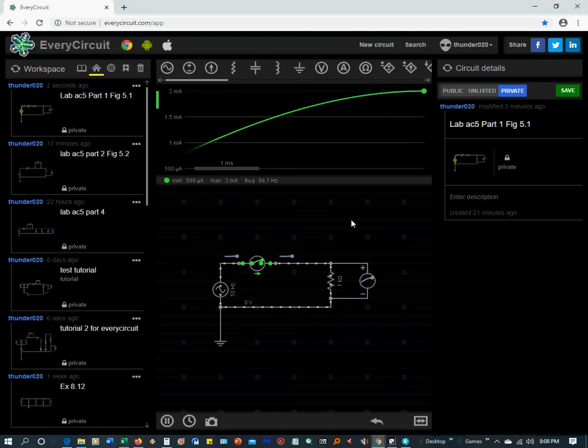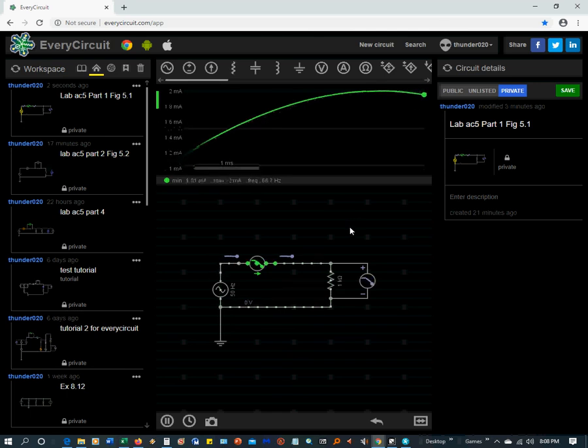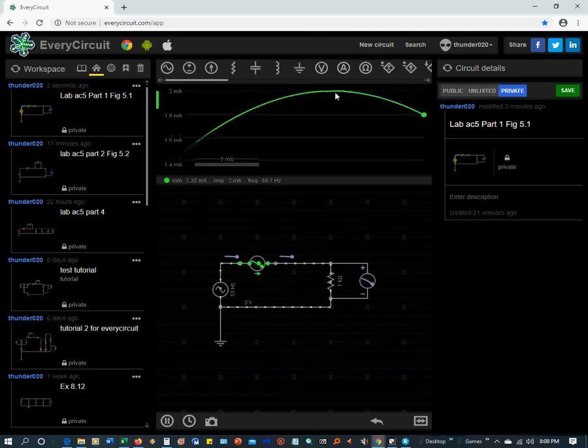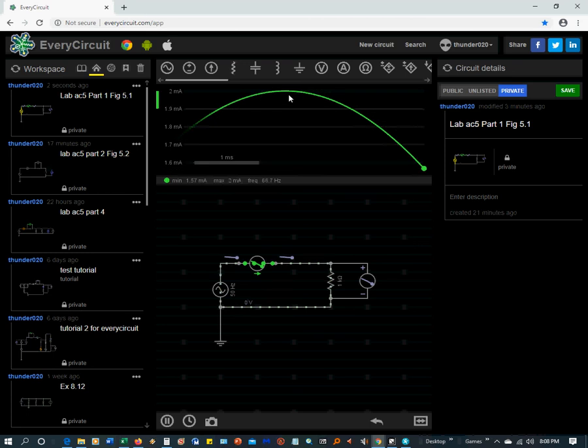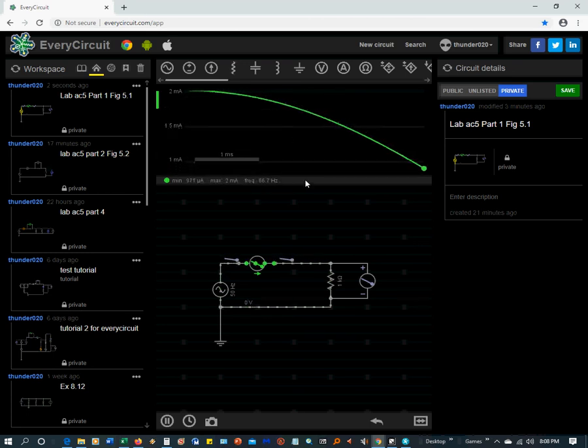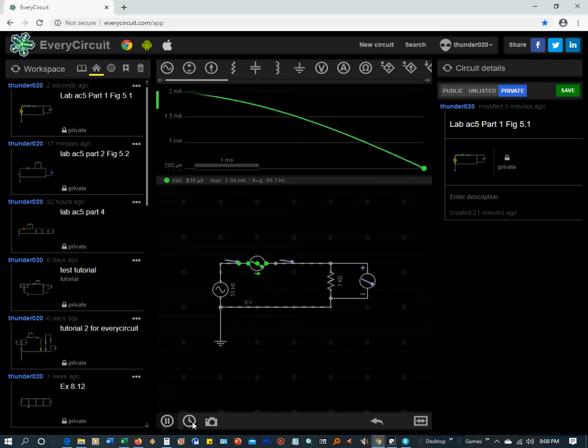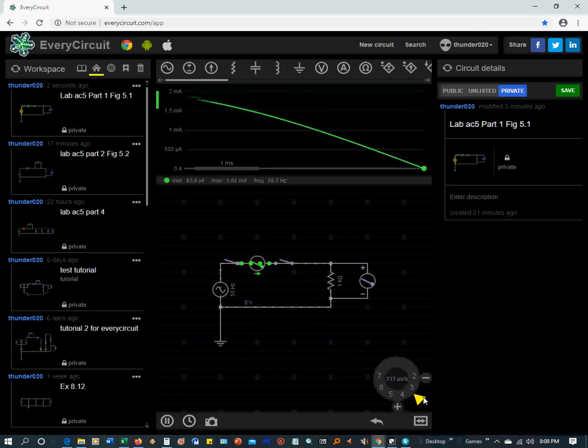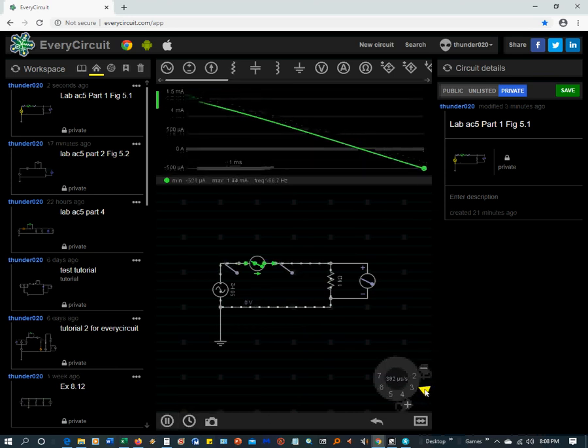Oh, this is messed up. This doesn't help me at all. So it looks like it's topping out at 2 milliamps and probably minus 2 milliamps. Now, I think we need to change our time here.